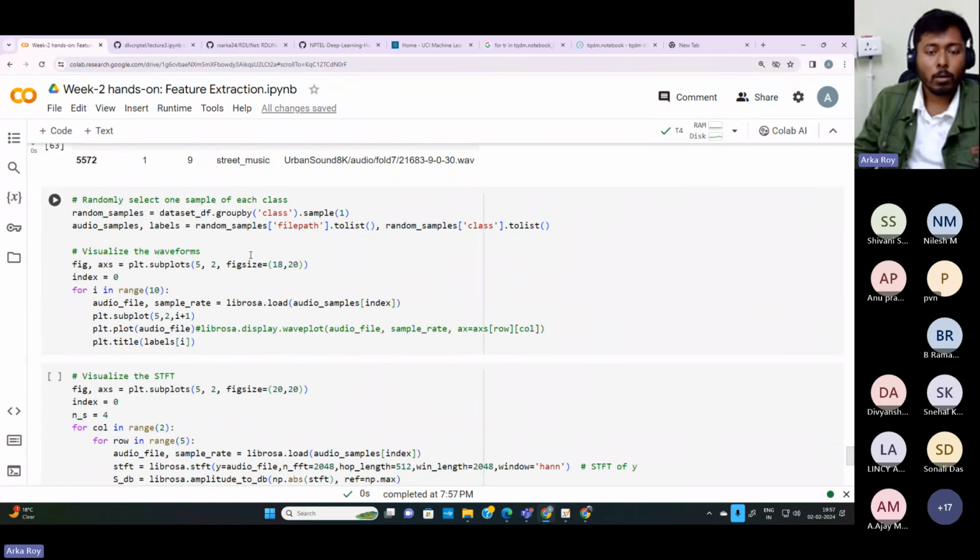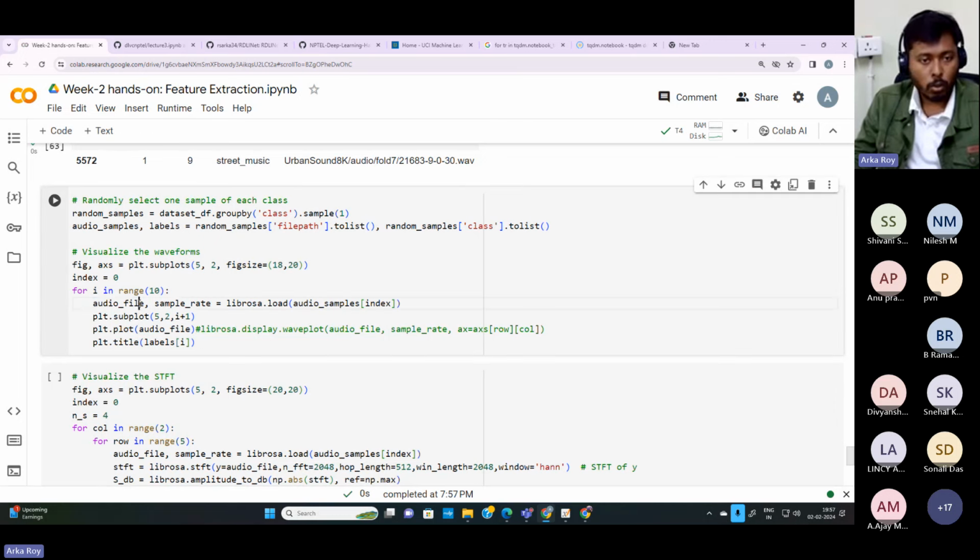Now I will load all this data and plot it in a figure. Over here I have a total of 10 data. A loop will run from 0 to 10, and then librosa.load will load the audio signal. It gives you the audio data and sampling rate, but I just need to see the audio signal, so I will plot it.